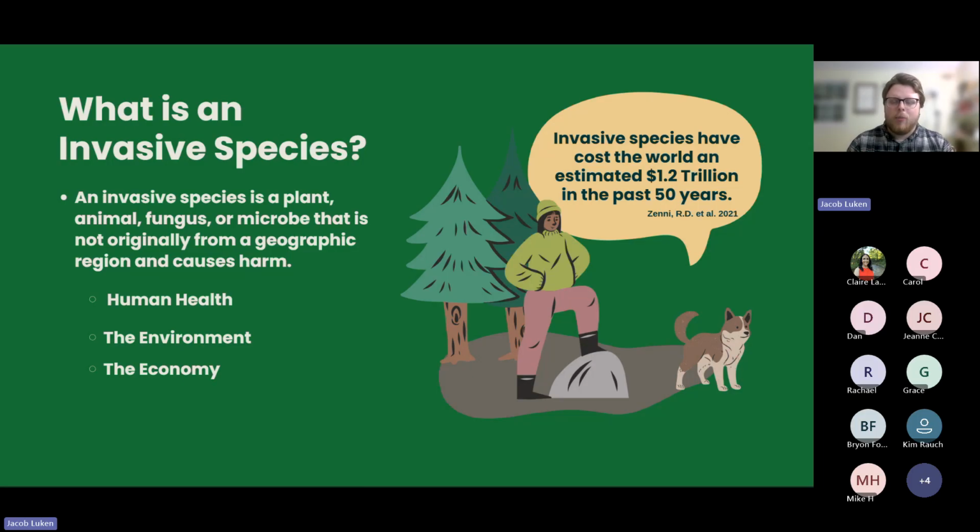Environmental harm, an example of this would be Asian bush honeysuckle. Those can cause massive changes to our native plant communities through a lot of different means, such as it has a longer growing period. It has really dense foliage, so it shades out everything underneath it.